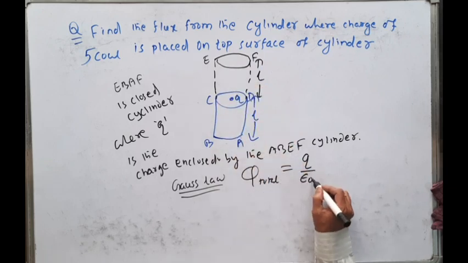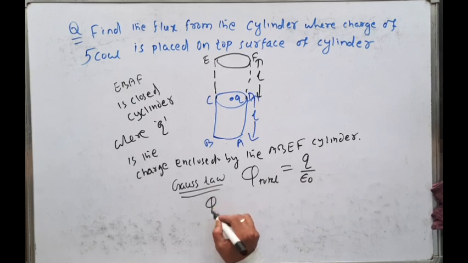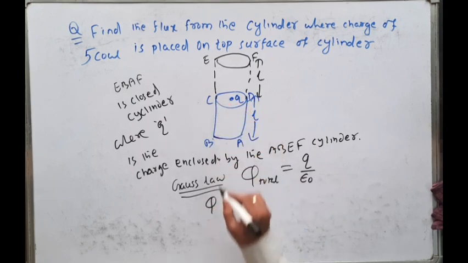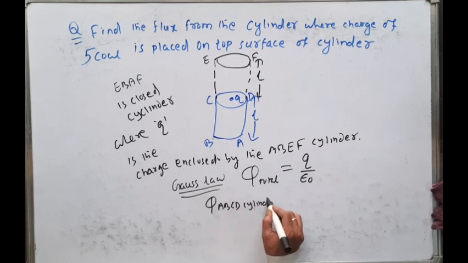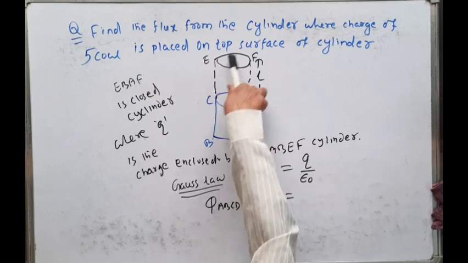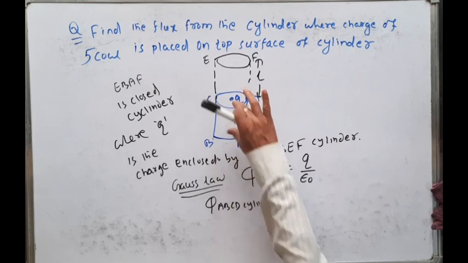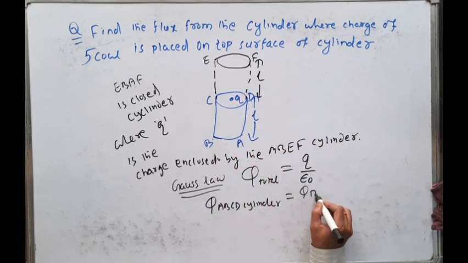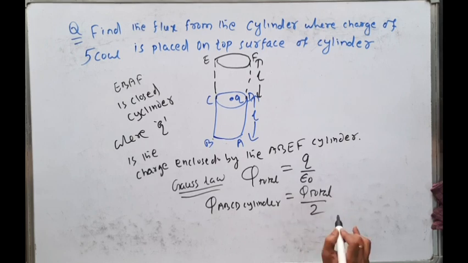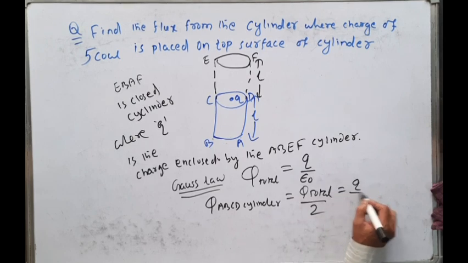But we are interested in finding the flux through which cylinder? ABCD. The flux through the ABCD cylinder is just half of the total cylinder. So the flux will be total flux divided by 2, that is Q by 2 epsilon naught. So this is the answer.